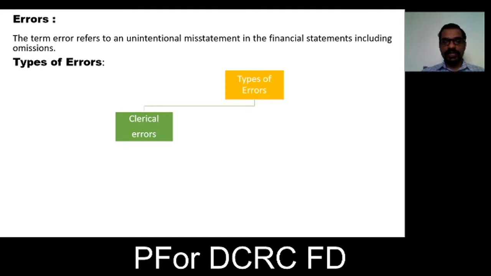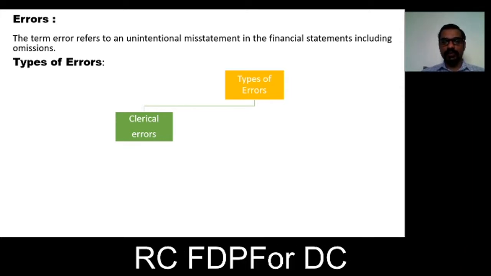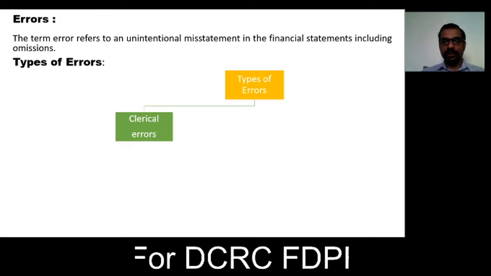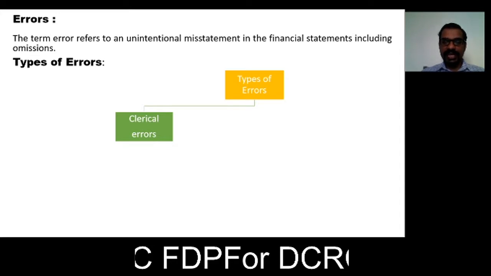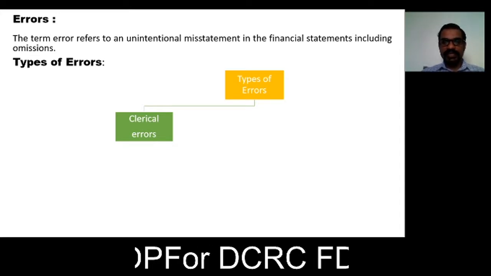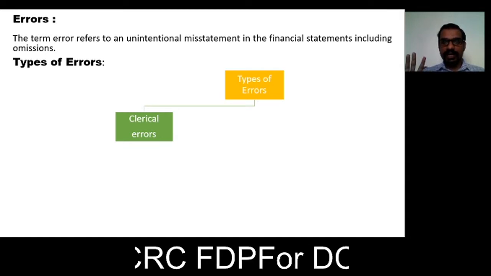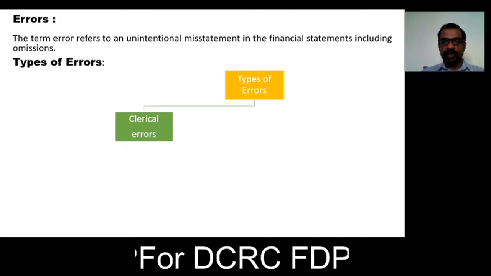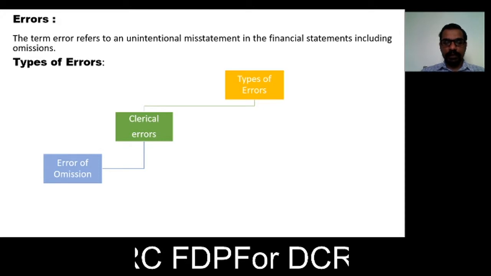The errors which happen while writing the books of accounts by the accountant or by the clerk, those kinds of errors are called clerical errors. These are the general sense of errors happening while writing the books of accounts by the accountant or the clerk.